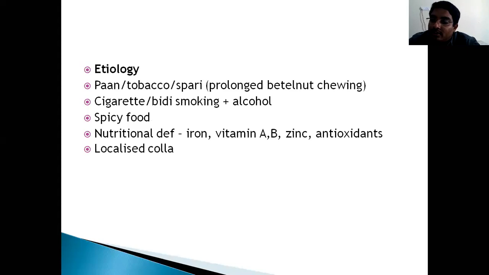Spirits, smoking, spicy food, sharp tooth, and syphilis are causes for erythroplakia. Here also there is vitamin deficiency, iron, vitamin A, B, and zinc, antioxidants, and localized cold. These are the etiological factors.